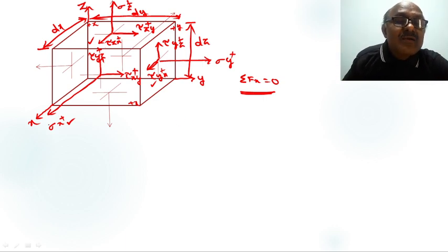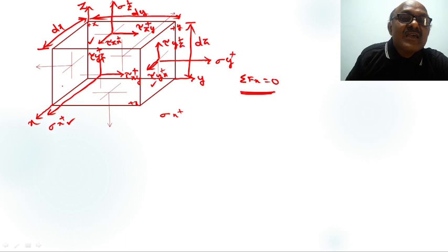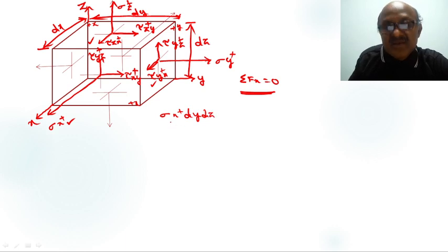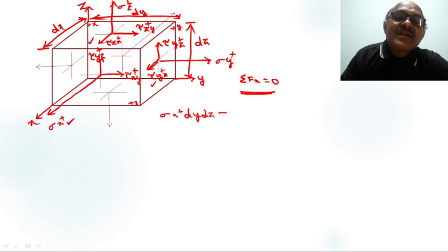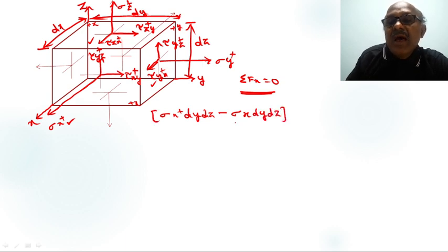Now it is acting on the positive x face, that is sigma x plus, this is a stress. It is acting on the face dy dz. So the force in the x direction is sigma x plus dy dz minus the force acting on the negative face, where the stress is sigma x. Force is equal to stress into area. This is the first term. Again plus, there is another force acting in the x direction, my dear students.